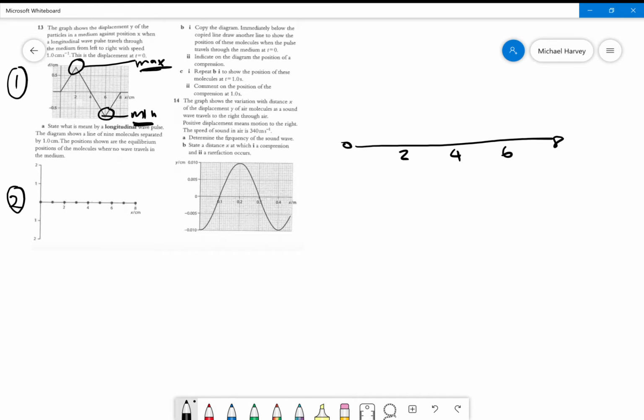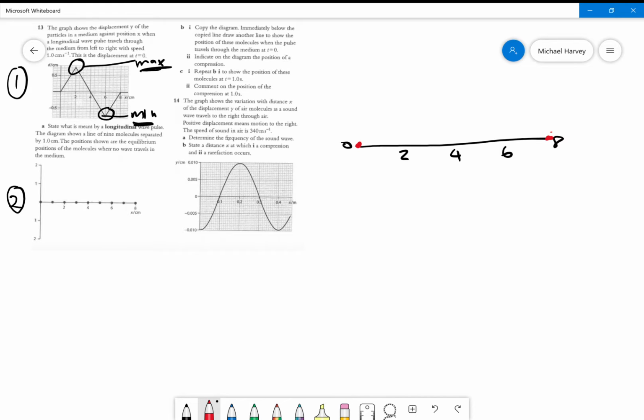So how do we show that in this number line? Well, you'll notice at point number 0 we're at equilibrium, so that's fine. And also at point 8 we are at equilibrium, 8 centimeters into the length of the longitudinal wave.